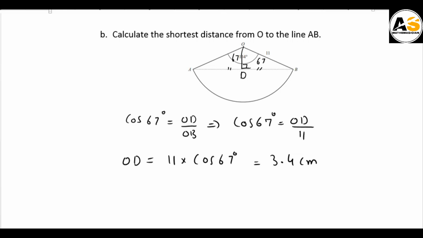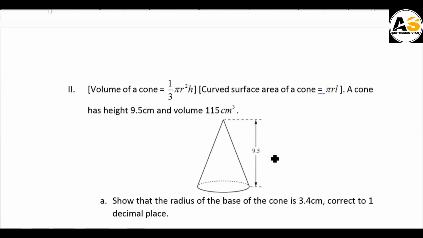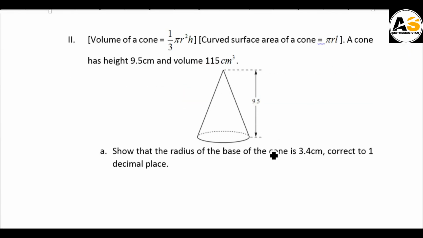Now we move to question number 4. Sorry, we are still left with the second part of this question. We are given a cone. This height is 9.5. This radius is unknown and its volume is 115 centimeter cube.